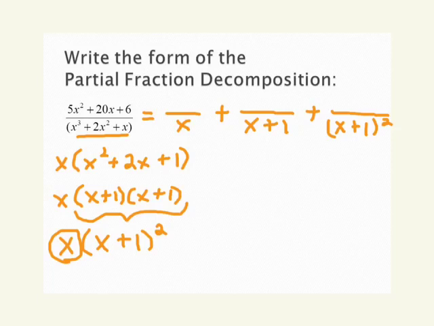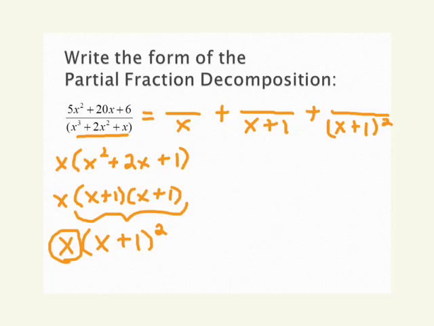Again, now we need to go back and fill in the numerators, and all of this is going to be determined by the degree of our denominator. So when I look at all three of my factors here, all three factors would be considered linear. Now, we might look at this last one and say, well, that's a quadratic. Well, no, this is just a linear function that's being raised to a power.